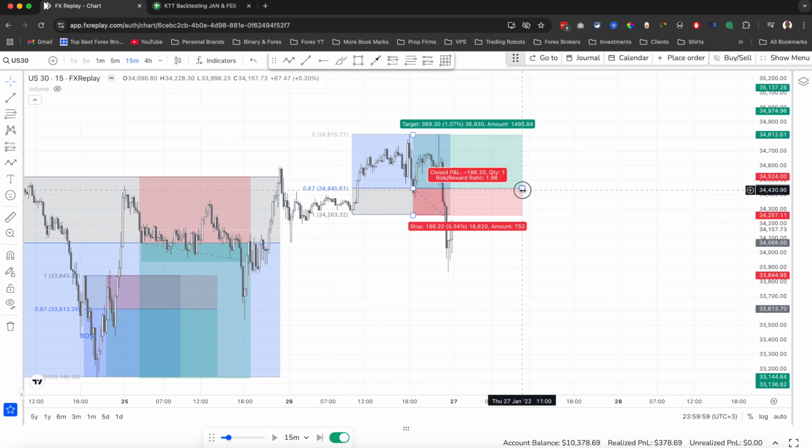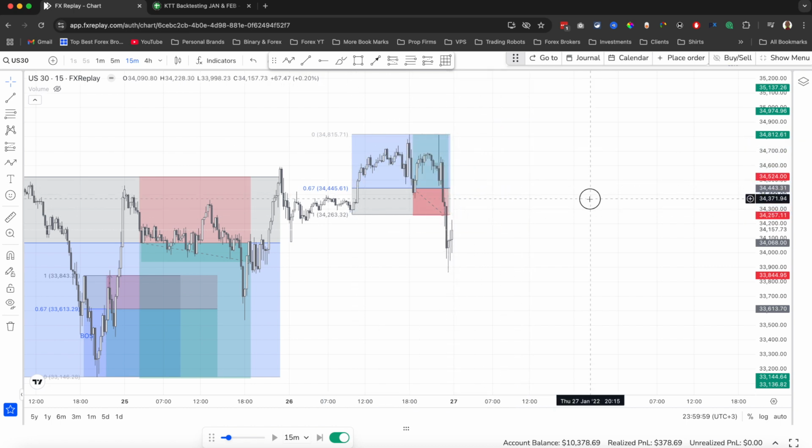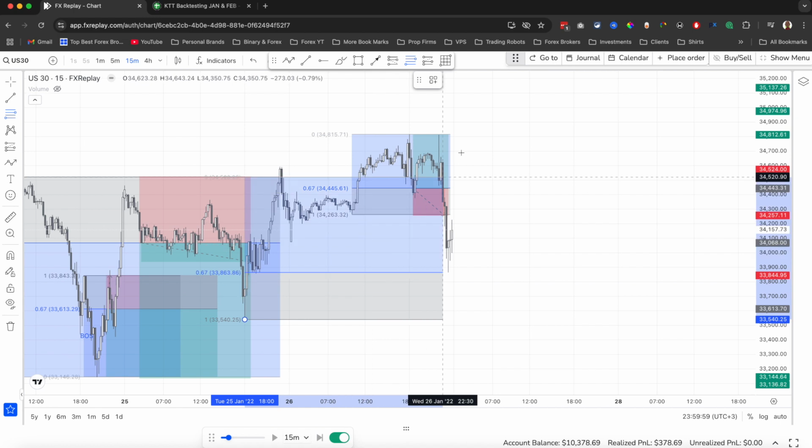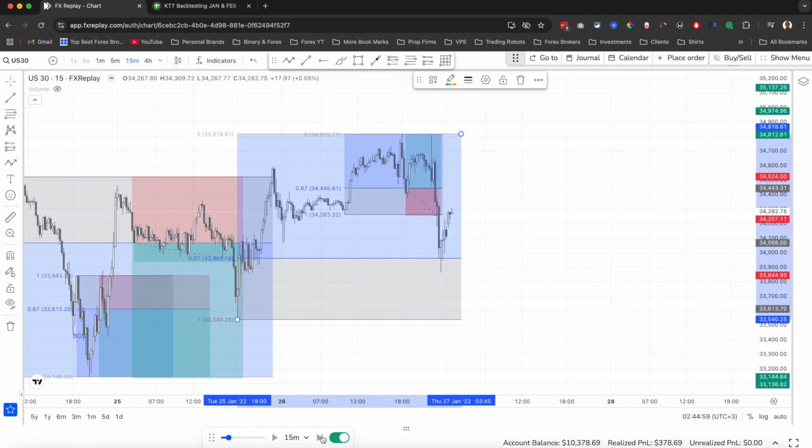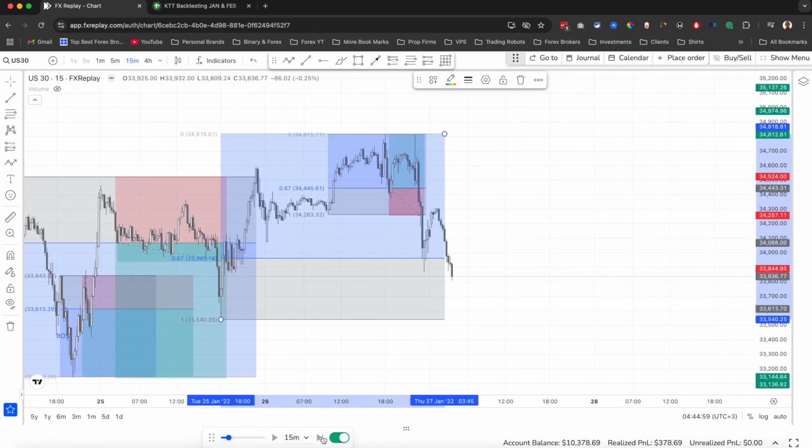Where did the price go? The price came back to, there was a break of structure, so the price came back to this level, right? Okay? But this was a loss, right?